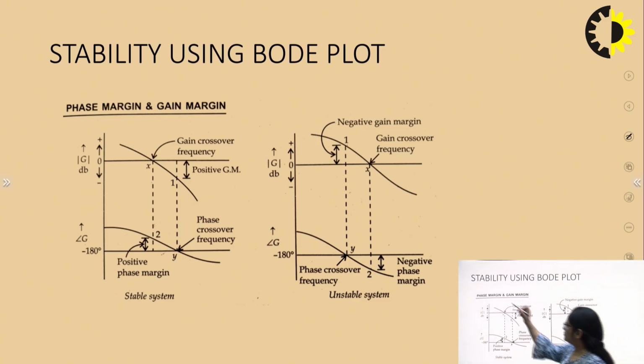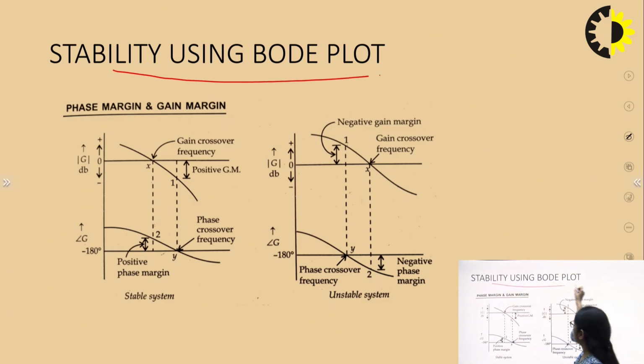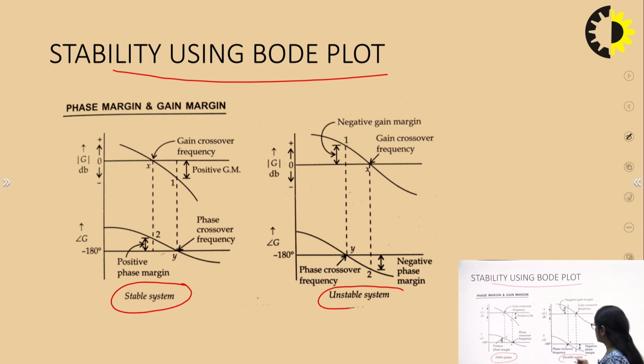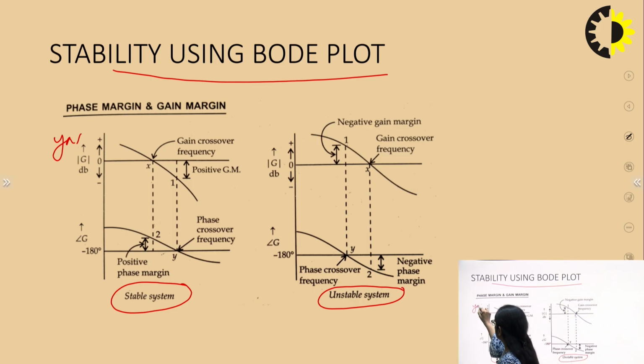Now, how do we assess the stability of a system using the Bode plot? This sketch gives us a stable system, and this sketch lets us know that if this is the response, then the system will be unstable. This is drawn on semi-log paper, and the y-axis here is the magnitude.